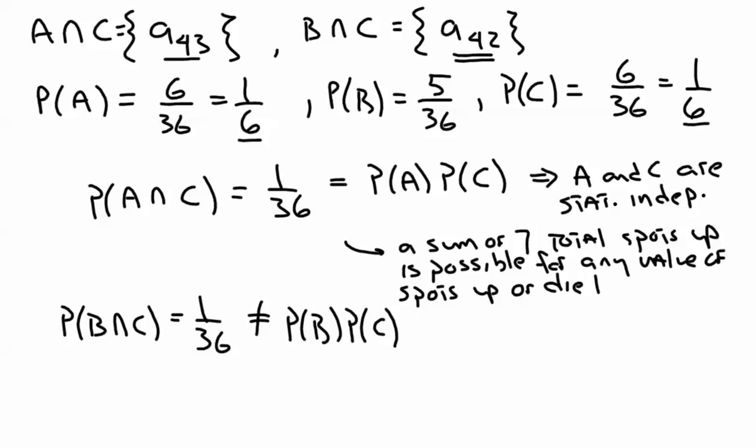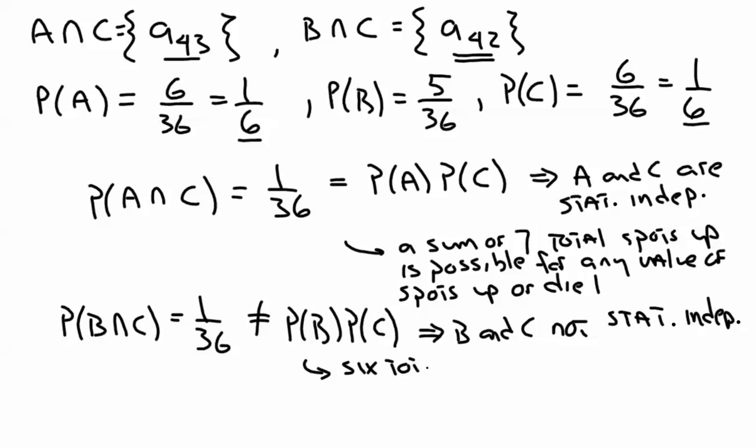B and C are not statistically independent. A sum of 6 spots up total is not possible for all values of spots up on die 1. Six total spots up.